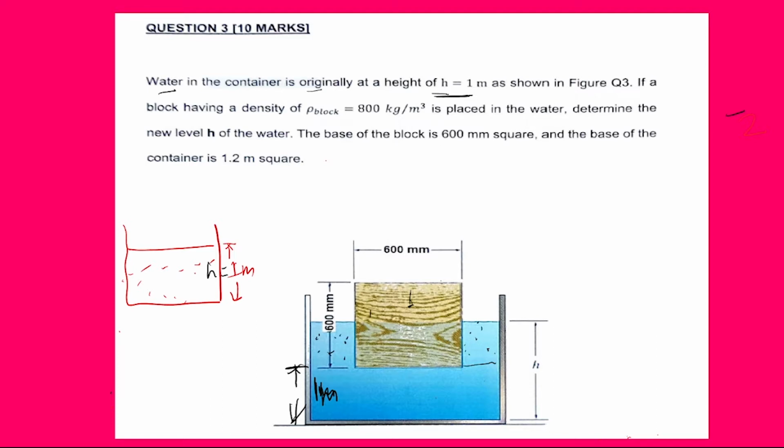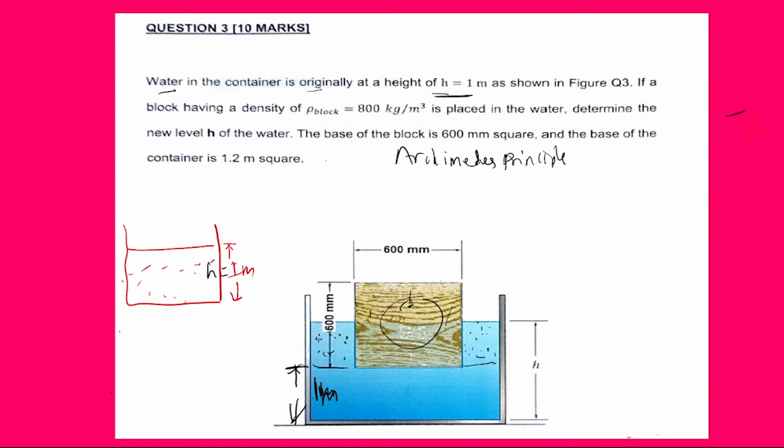So there's a principle called Archimedes principle. Archimedes principle says, look, you see this block here, right? We place it here. If you take the weight of this block and measure the weight of the water which is being displaced, it is going to be the same weight.